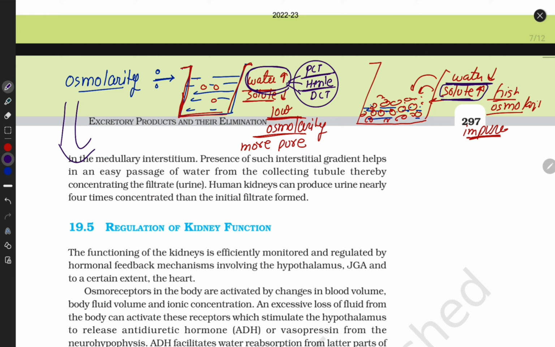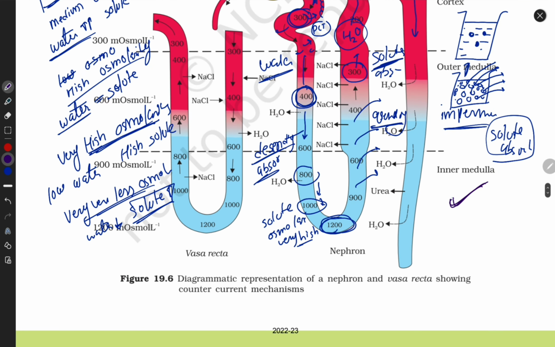They absorb solute. So the DCT part absorbs solute, and the ascending part of the loop of Henle absorbs ions. If water is more, the PCT and the descending loop of Henle absorb water. If the tubule's osmolarity is high, then the DCT and the ascending part of Henle absorb solute. This is the whole mechanism, guys. Use some common sense.